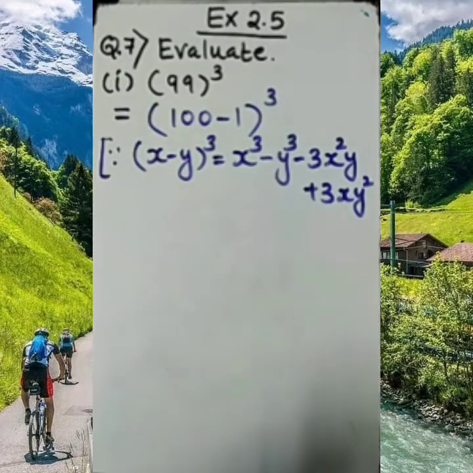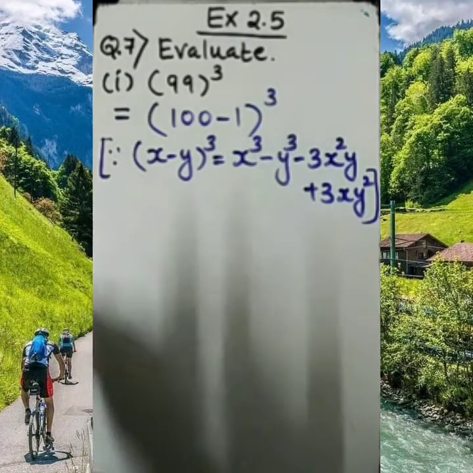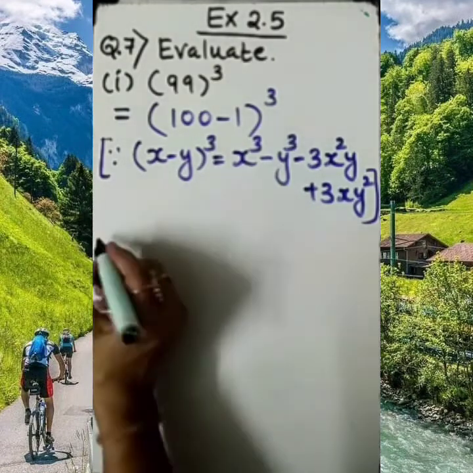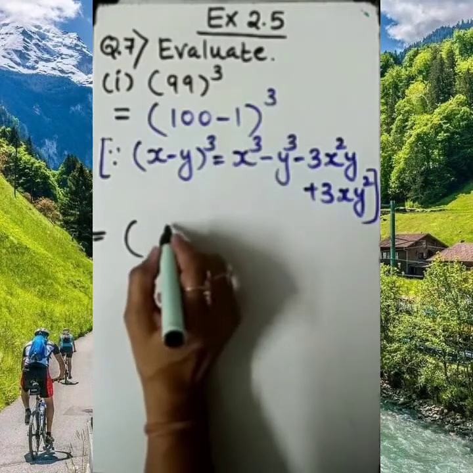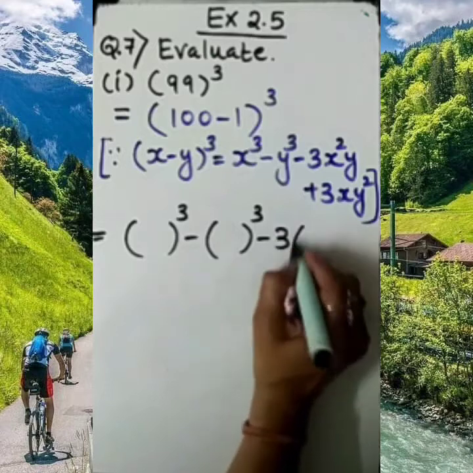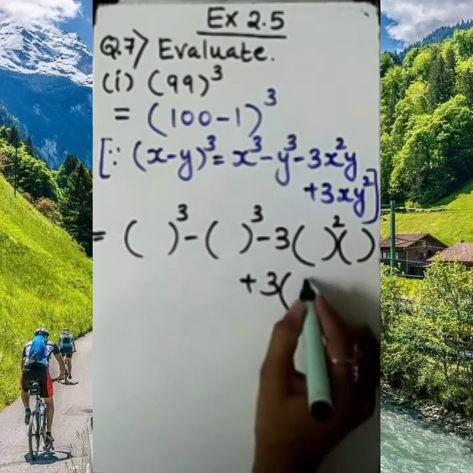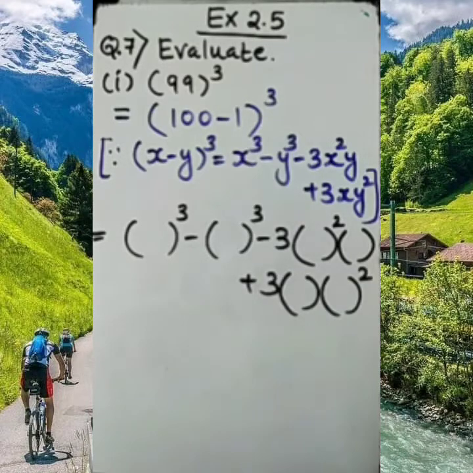Fine. So keeping this in mind, apply the identity. According to this, x cube, y cube, minus 3x square y plus 3xy square. Nothing I have done, only empty brackets in place of x and y I kept.